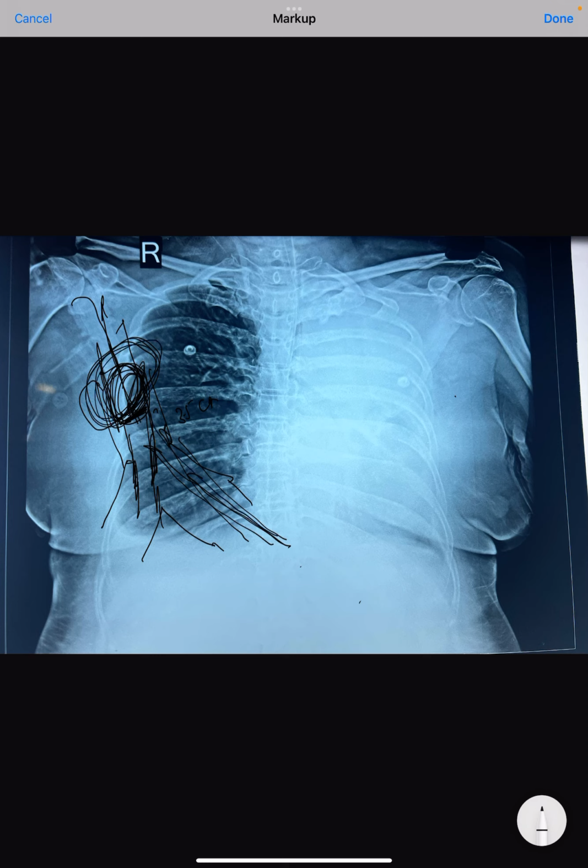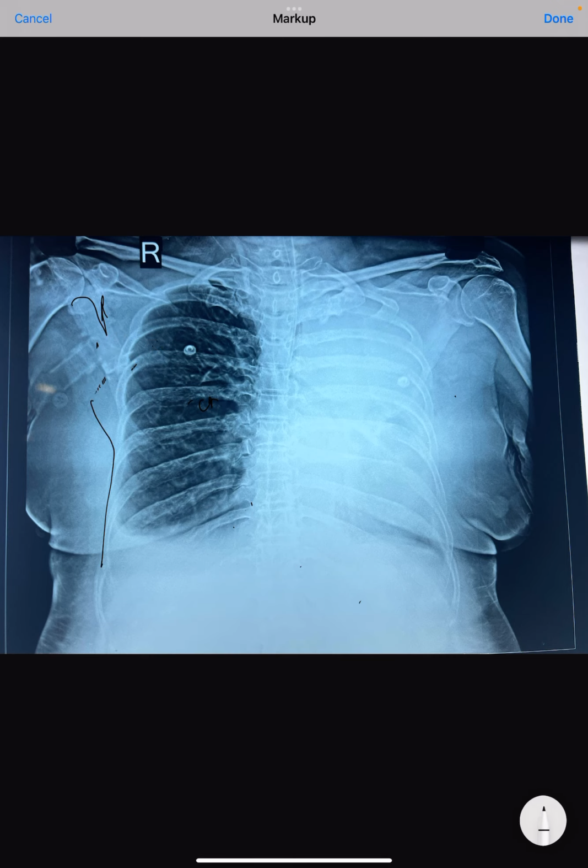So whatever secretions are there from the left side of the lungs are going to get blocked in the left main bronchus. They are not going to go out, because the tube is placed like this and you have completely blocked this way for cough. So the secretions cannot pass through, because here we have the tube. The secretions get impacted here, so air cannot go in and mucus cannot go out.